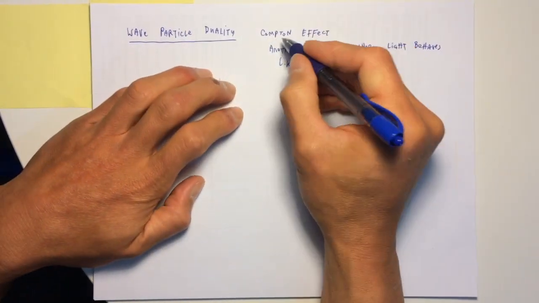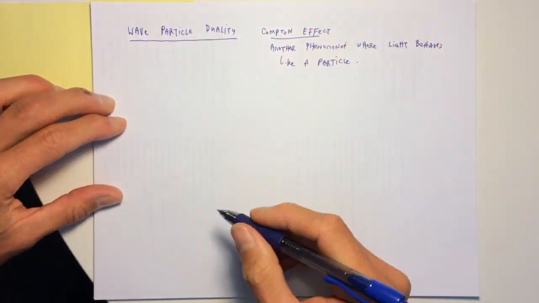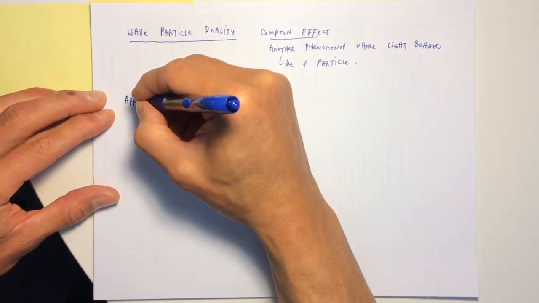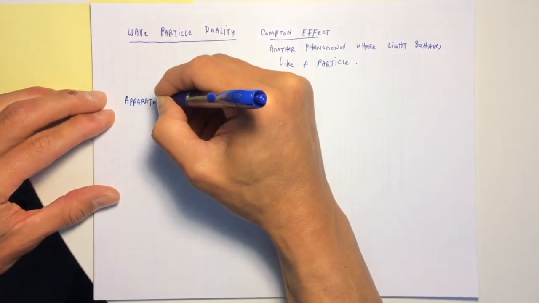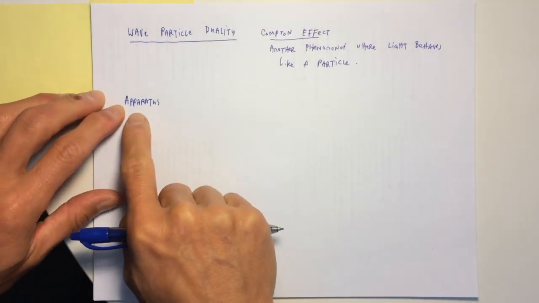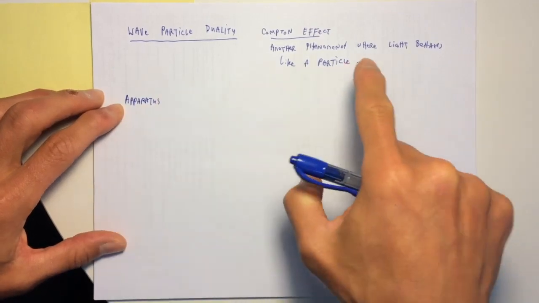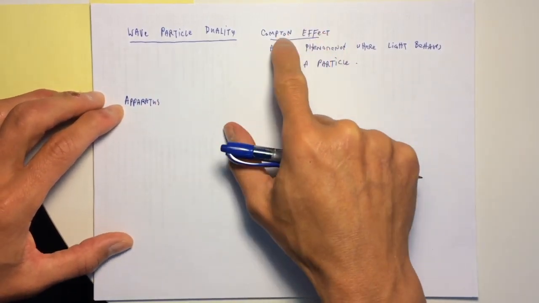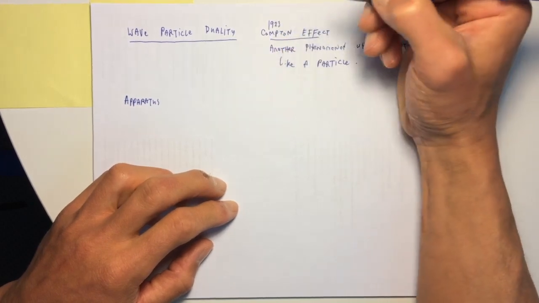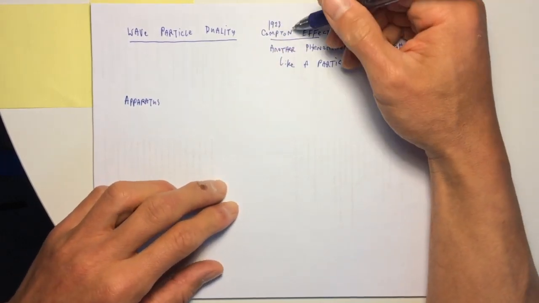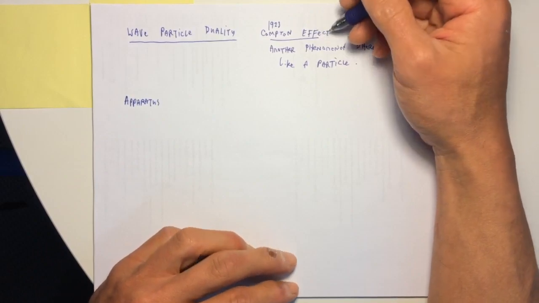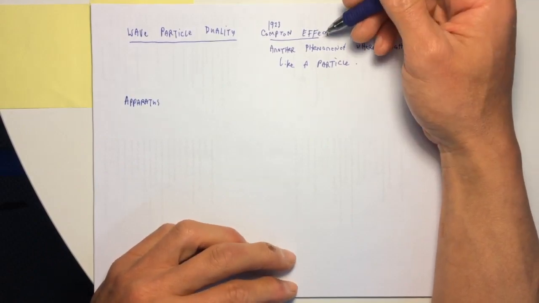All right, so what I'm going to do for the Compton effect is first describe the apparatus, and then after I describe the physical setup, I will describe the effect that Arthur Compton, back in 1923, was able to observe really carefully and make very careful measurements of.